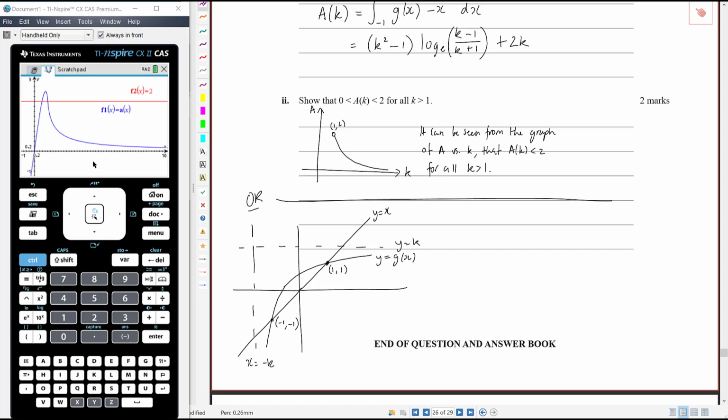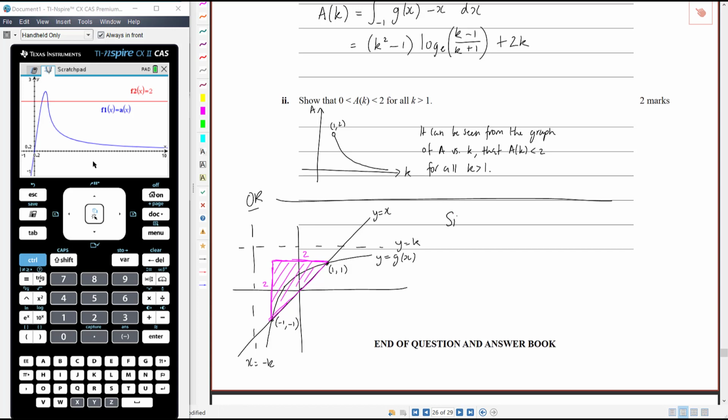Okay? So, therefore, because g of x is a strictly increasing function, so it always has to have positive gradient, it means the curve can't come around under here, so it's always going to sit above y equals x, between x equals -1 and x equals +1, and it is never going to have an area that is bigger than this pink triangle here. Okay, and that pink triangle, that distance there is 2, and that distance there is 2.